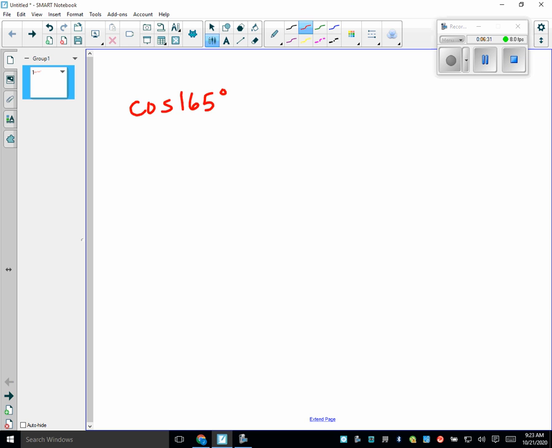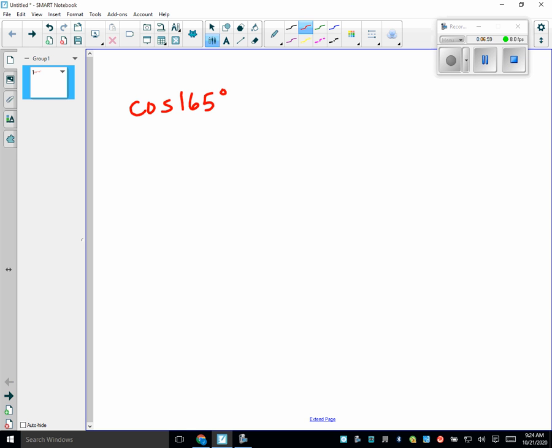So I can use 30 degrees in any quadrant. Yes? So 30 degrees in quadrant 2 would be what? I think it'd be 150 degrees. Oh, yes. Wouldn't it? Yeah.